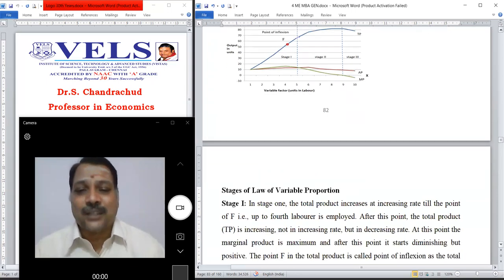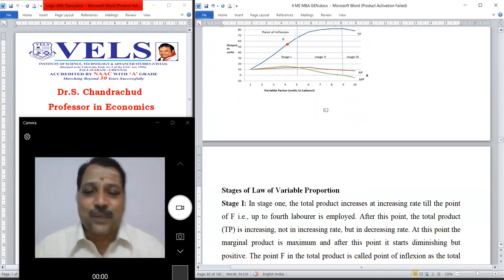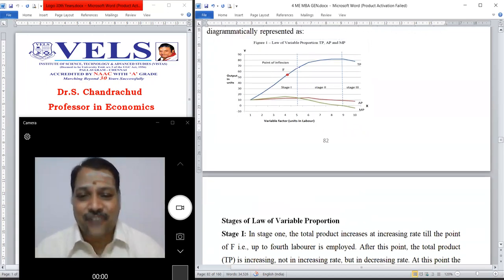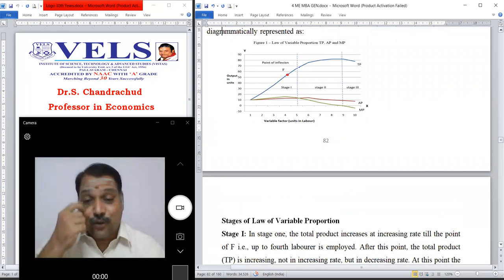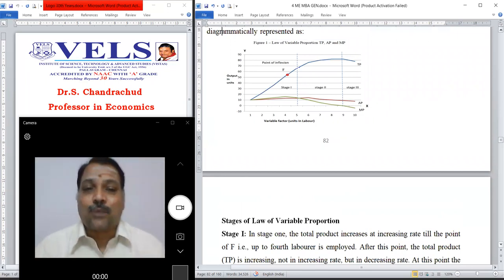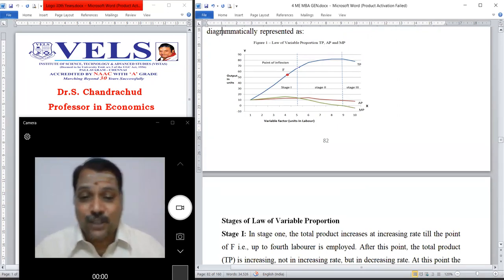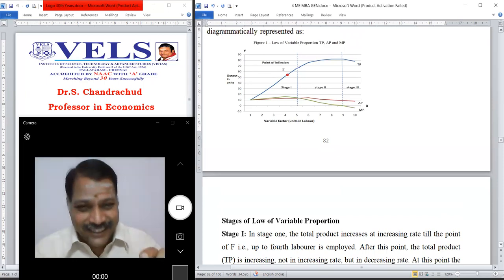In stage 1, the total product increases at an increasing rate till point F. You can see the diagram. Up to F, that is up to the fourth laborer, the total product increases at an increasing rate. After this point, the total product TP is still increasing, but at a decreasing rate.